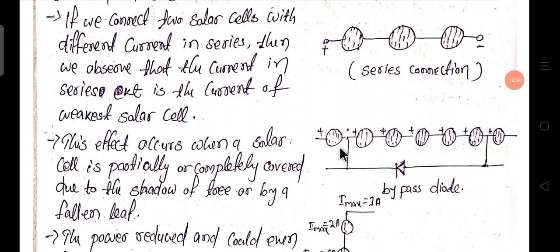That means this diode prevents the voltage, when in the dark, from going inside the solar cell and damaging it. That damage is prevented by this diode, because a diode only allows current in one direction. It only allows current from the solar cell to the source or reservoir, but it does not allow current from the reservoir to the solar cell. That is how the bypass diode protects the solar cell.